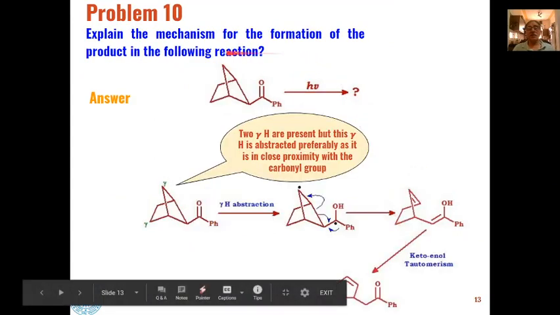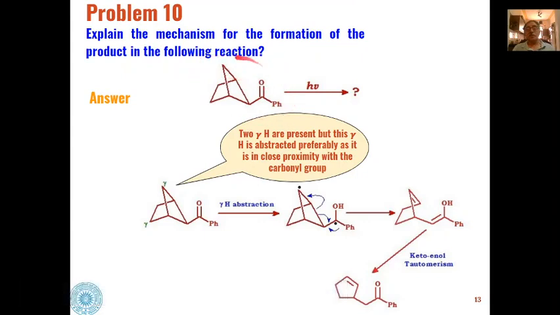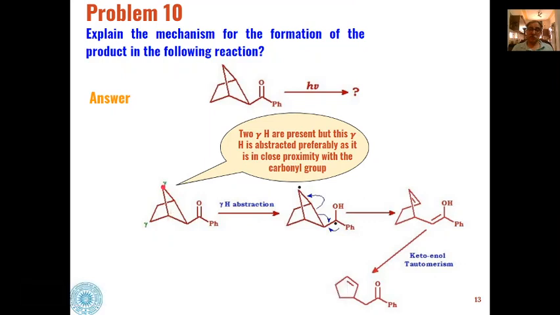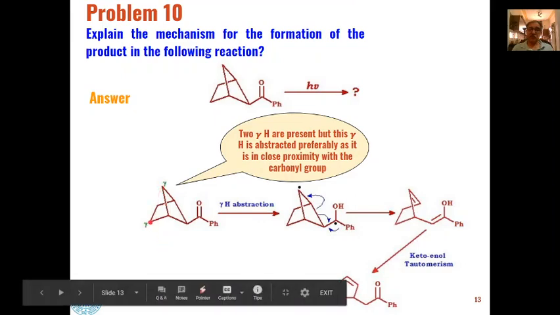Then last is, what type of product is formed from this ketone and what is the mechanism of formation? Now if you closely see this compound, it has two types of carbons where we have gamma hydrogens. So gamma hydrogen is present at this carbon also, and gamma hydrogen is present at this carbon also.